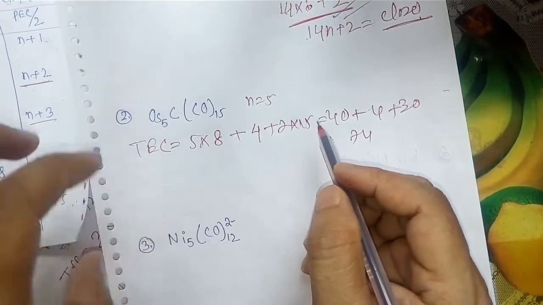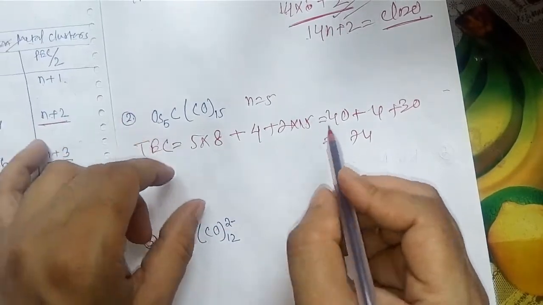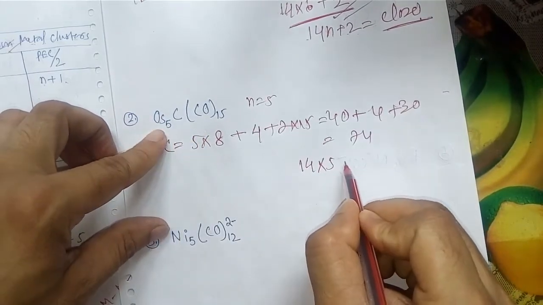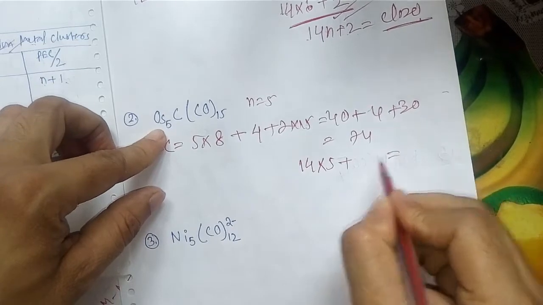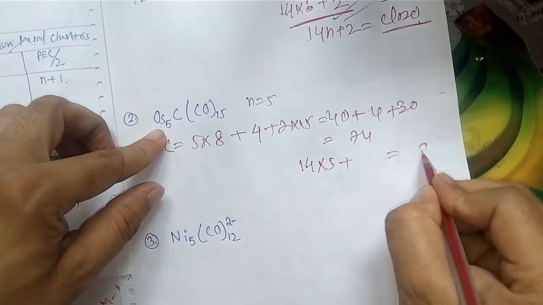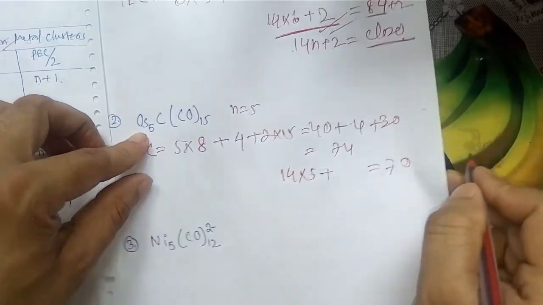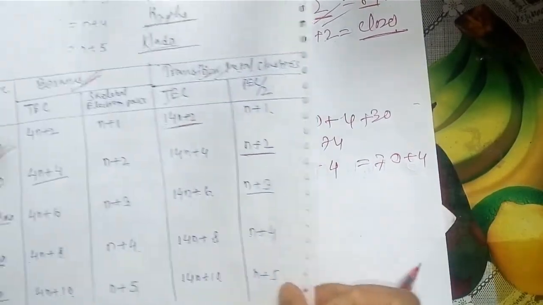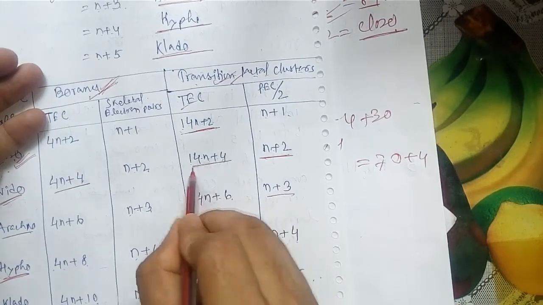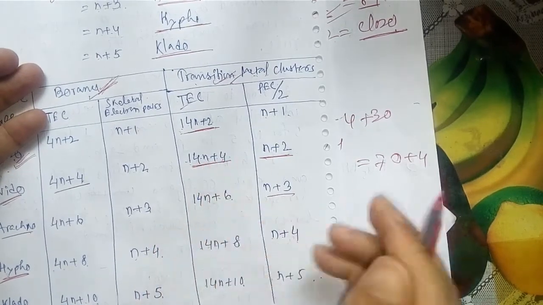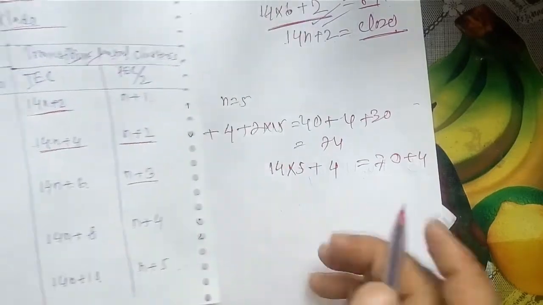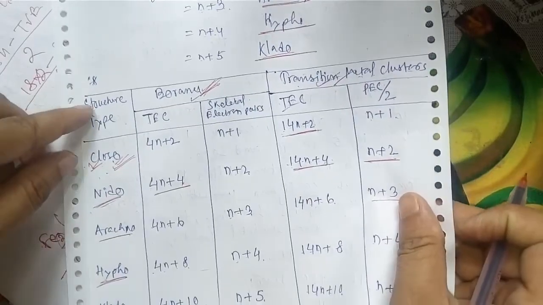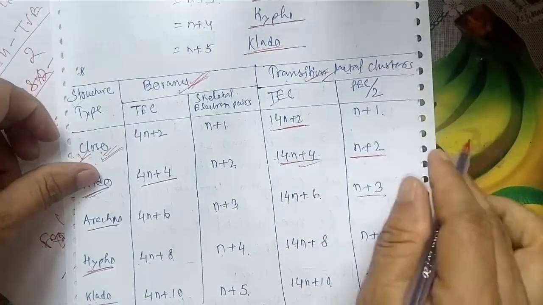This is a transition metal cluster, so 14 into 5 is 70, 70 plus 4, that means 4. This is 14n plus 4, so this is a nido structure.